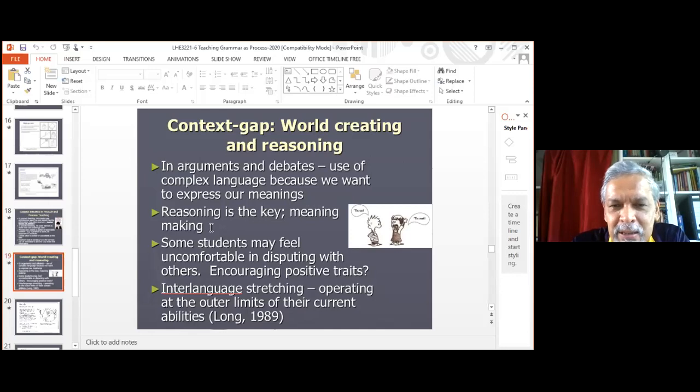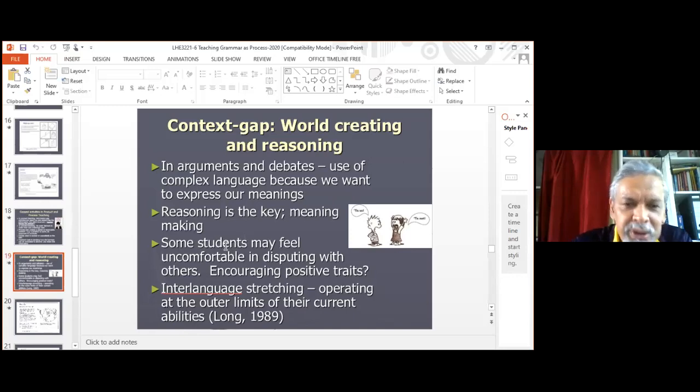Reaching this level can also be done in little steps: meaning making in terms of single phrases, short phrases, and later on, more with elaboration.